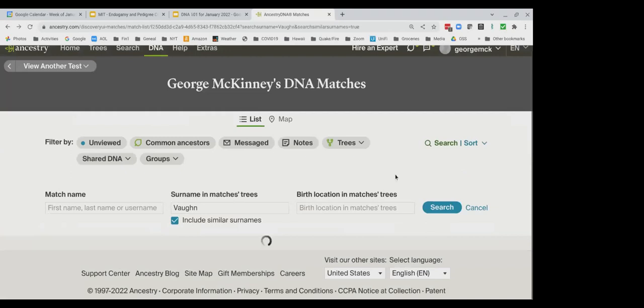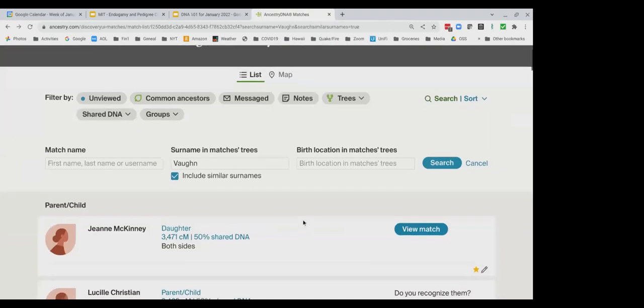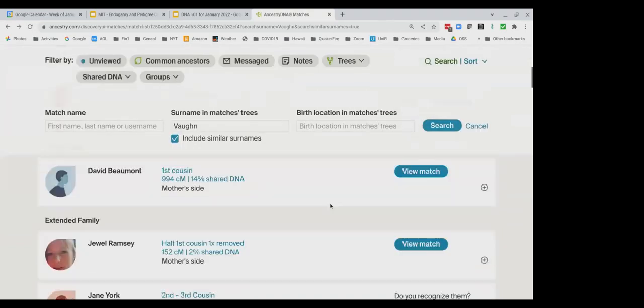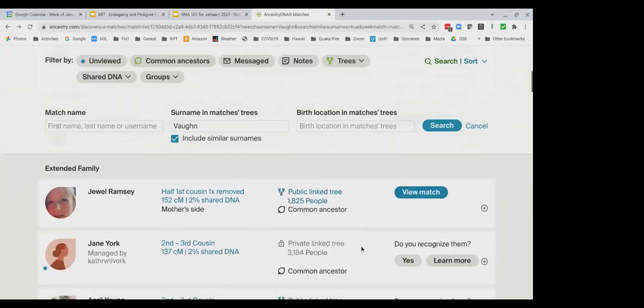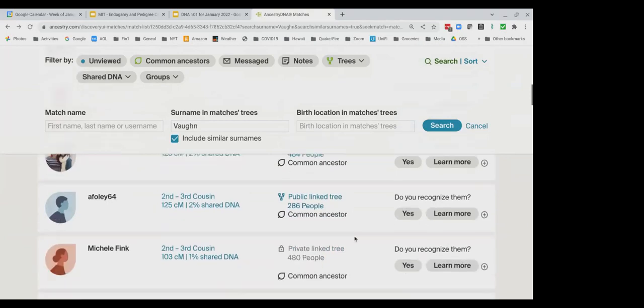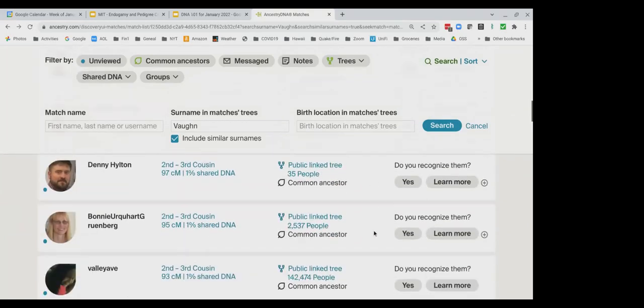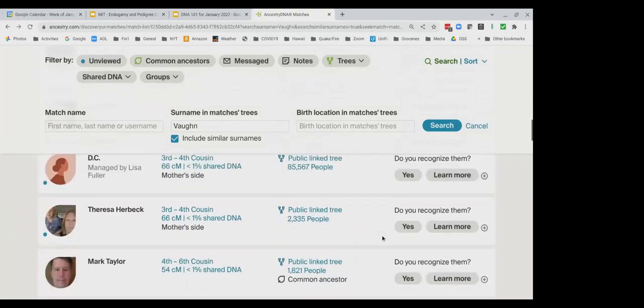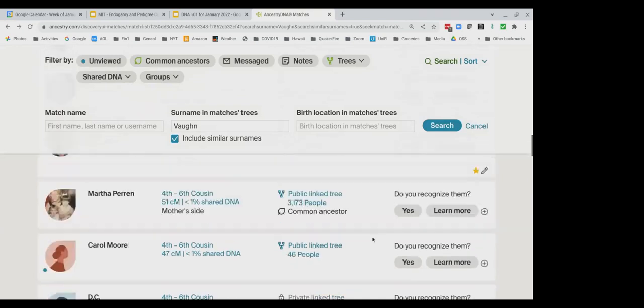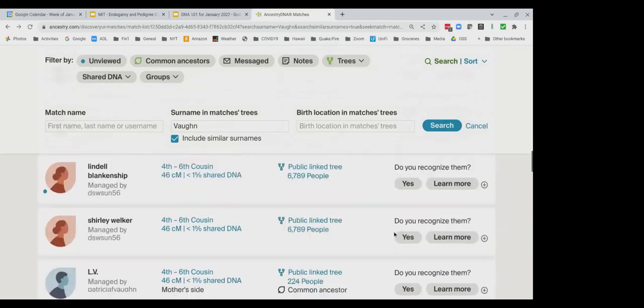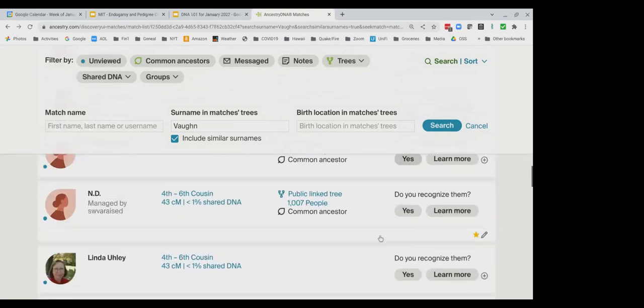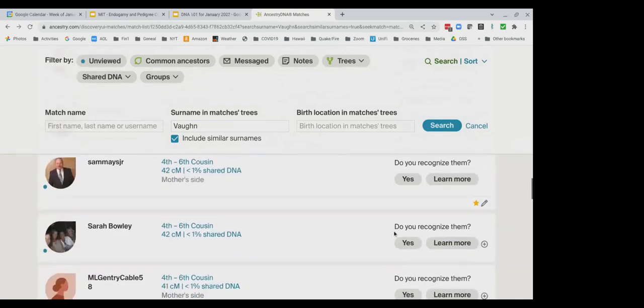So these are people who have Vaughn in their trees. Okay, well, obviously my parents do, and David does, because it's the same family. Let's go on down. I want to get to Martha Perrin. Maybe I'll search for Martha.